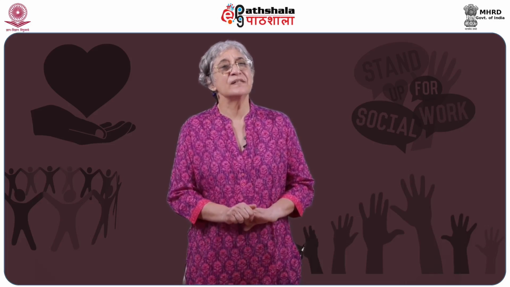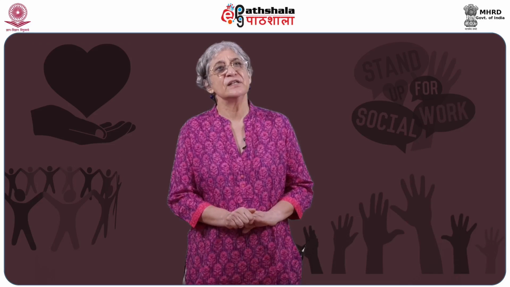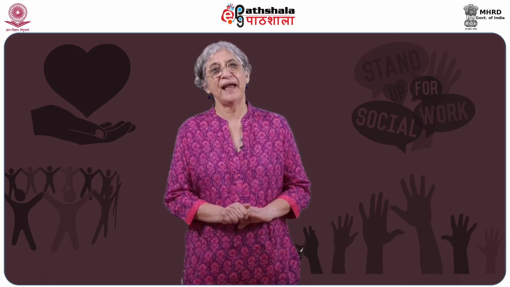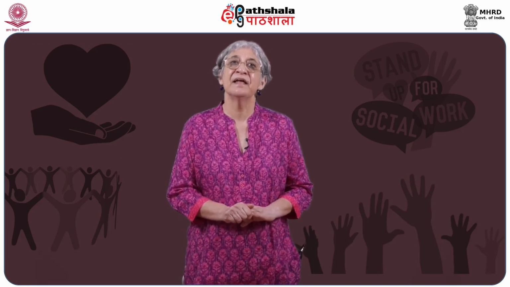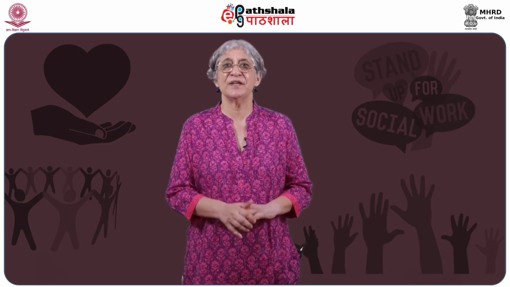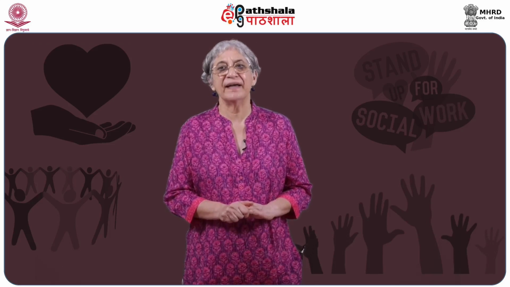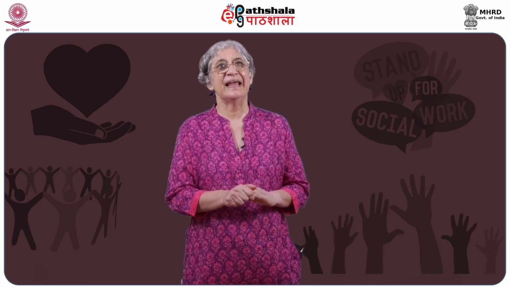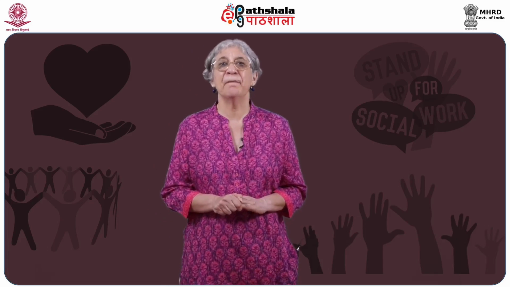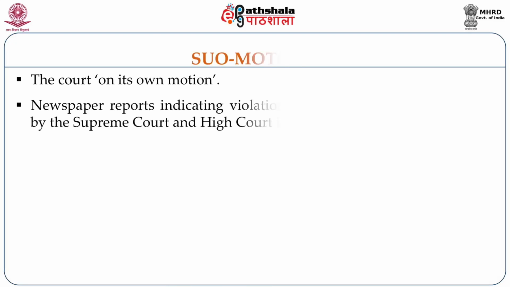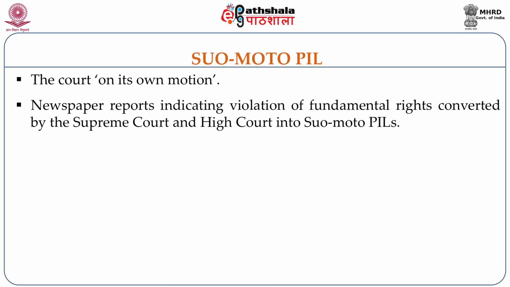Three, the court cannot expect the petitioner in a public interest litigation to undergo difficulty in filing a public interest litigation. Hence, technicalities and formalities require to be bent. And a court will entertain a letter which shows violation of fundamental rights as a public interest litigation. Suo motu PIL.